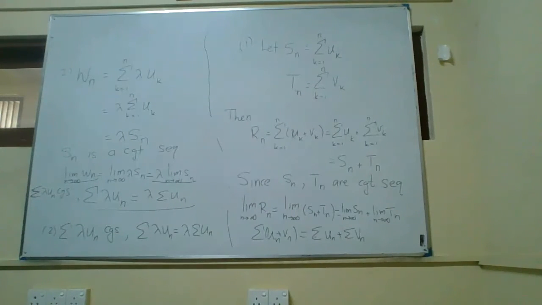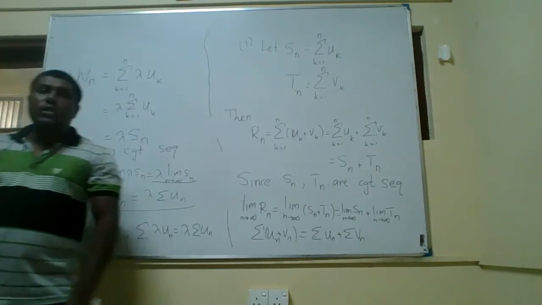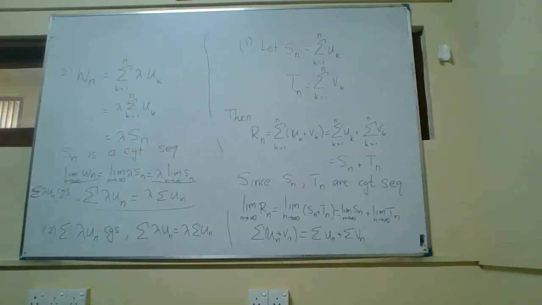Now you know that if the limit of the partial sum is a finite number, then we call it a convergent series, right? If it is not a finite number, then obviously the series will not converge, so in that case we have to say the series is divergent.